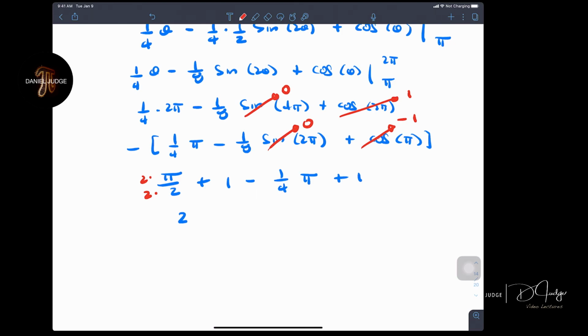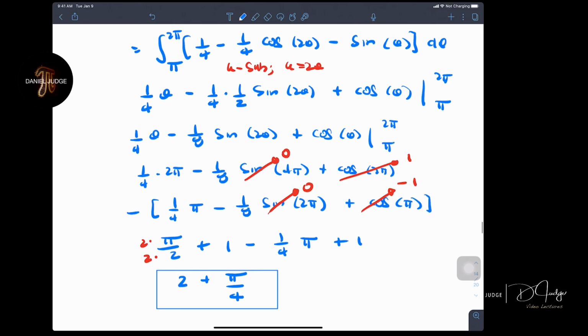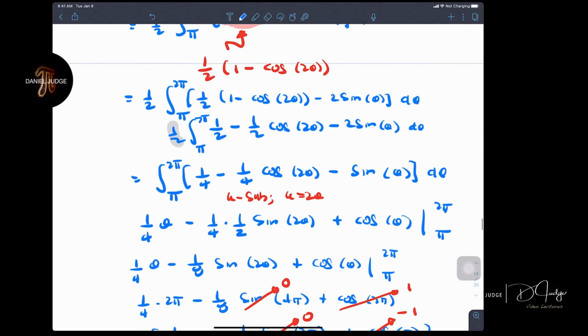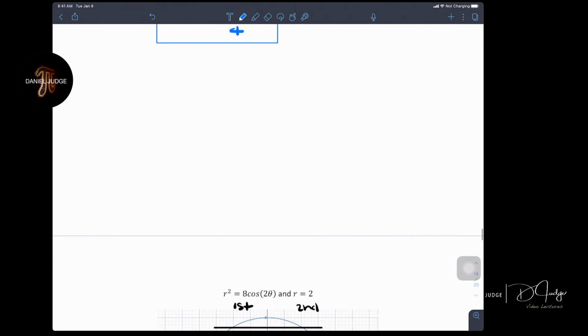So 2 pi minus 1 pi. So we're going to get 2 now, and it looks like that's going to be plus pi over 4. So there you are. And this is how we do this particular question.